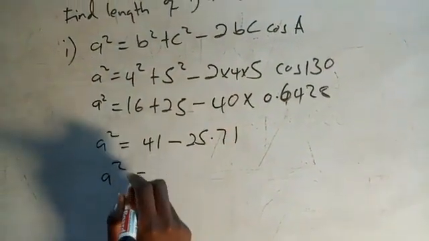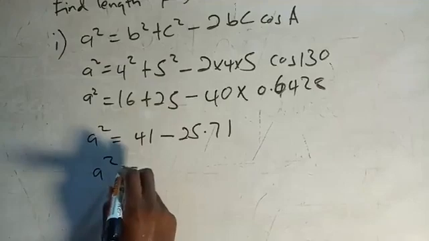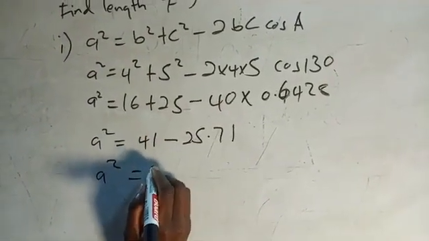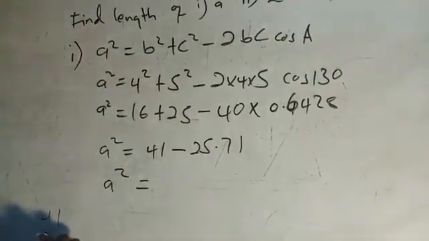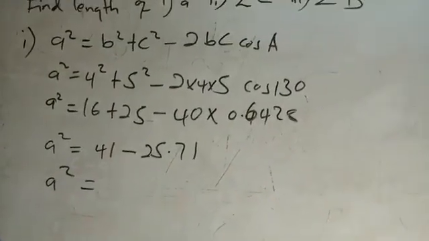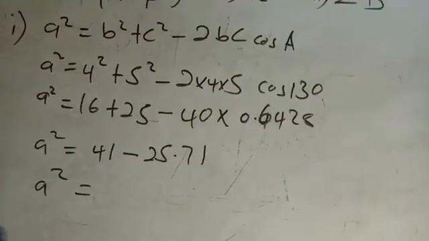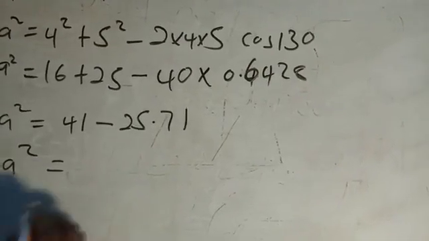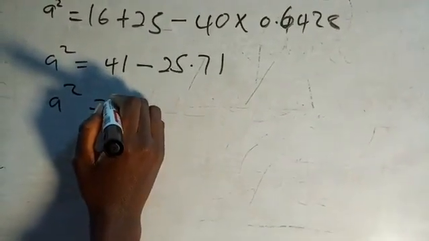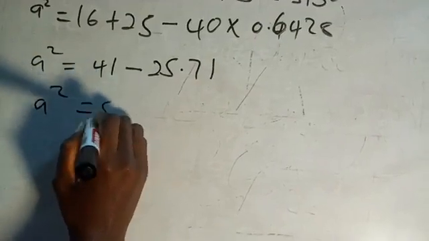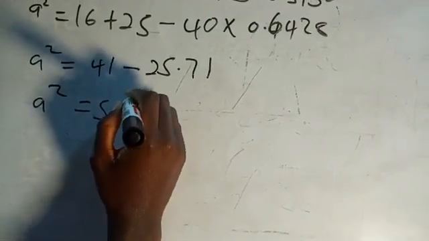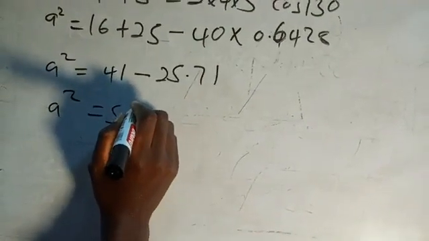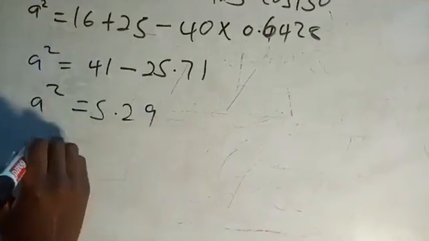If we subtract, we shall get something like 41 minus 25.6, which is about 5.29.